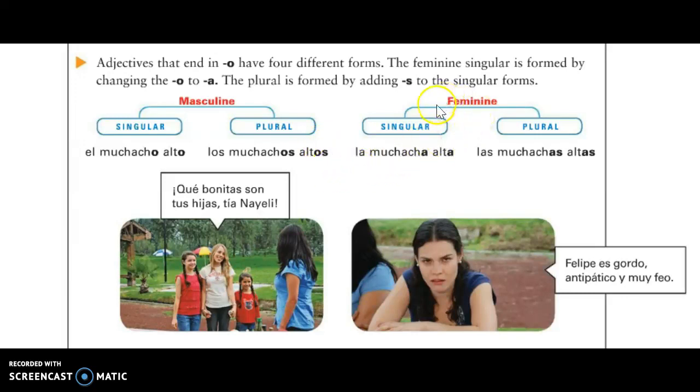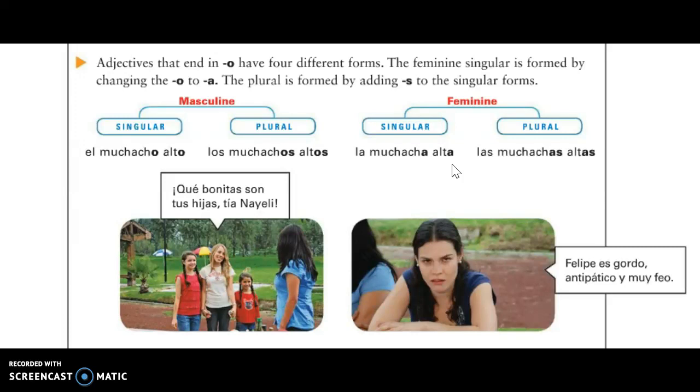Same for feminine, okay? The singular form for feminine is la muchacha alta. All things are feminine, the definite article, the noun, and the descriptive adjective. And then the plural form, we have las, the la changes to las, muchacha changes to muchachas, and alta changes to altas.